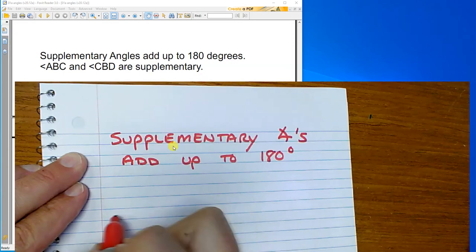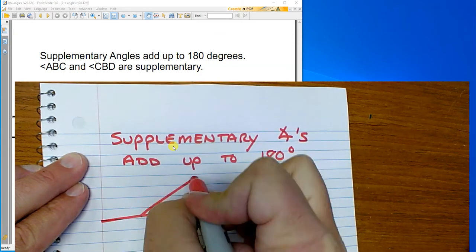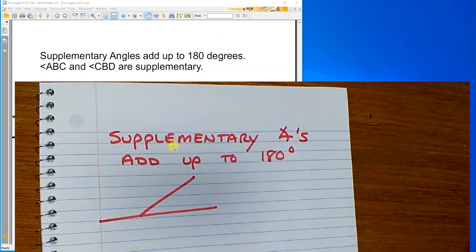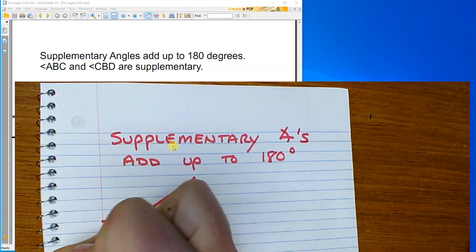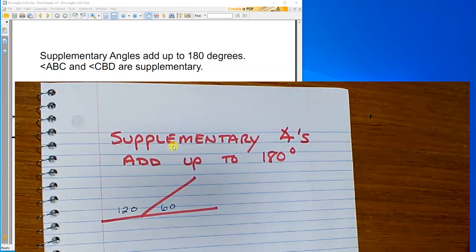And there are two ways that could happen. I could have it like this, where maybe this is a 60 and this is a 120.